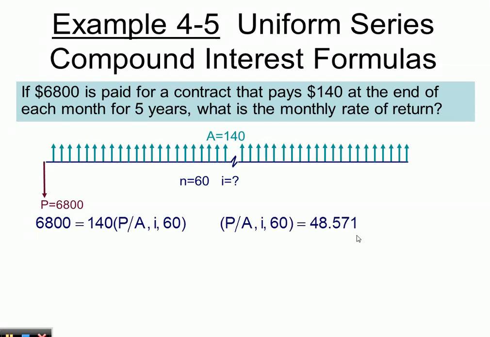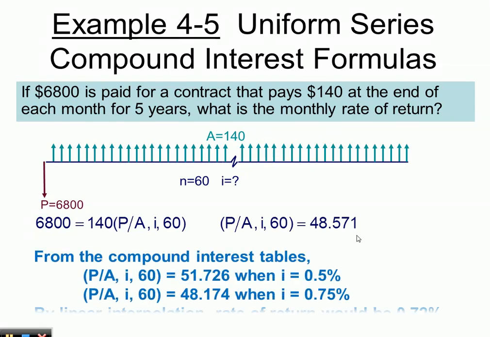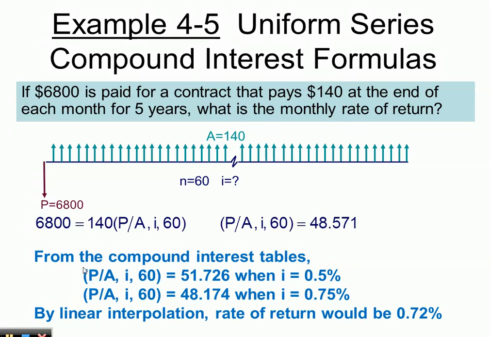So now we can look up in the book and see what we can find. Looking up in the book discount factors, we find that at I equals 0.5%, we get 51.726. And then at 0.75%, we get 48.174. So you can see that it's actually between these two.